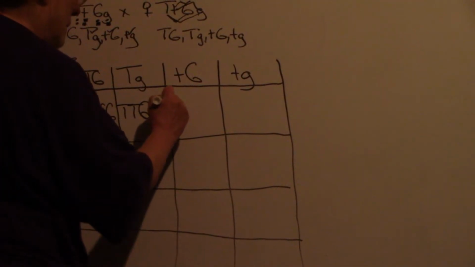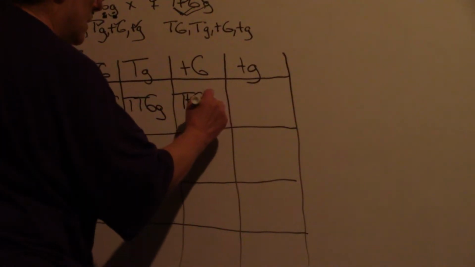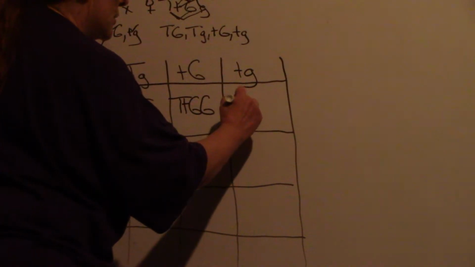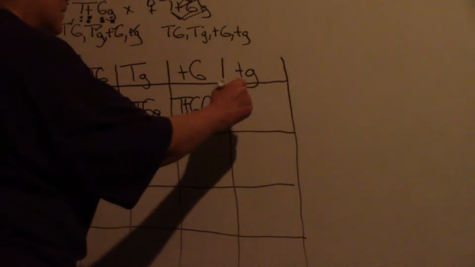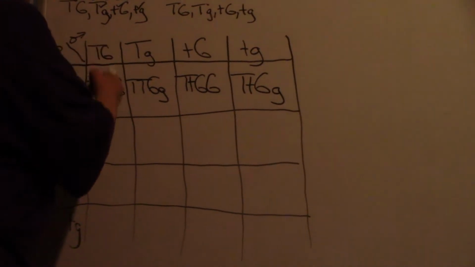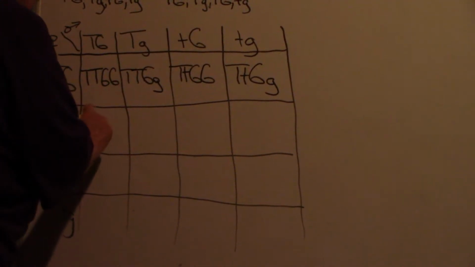Then we have big T, little t, big G, big G. You see what I'm doing? And finally, for this row, we complete it with big T, little t, big G, little g. We come down here, we're going to cross these with these.